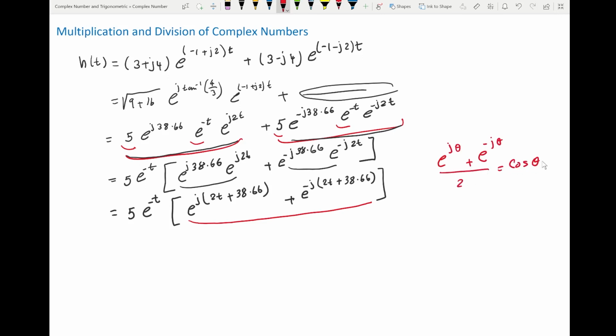So you can think of everything here as theta and here minus theta. So I need 2 in the denominator. So I'm going to divide this term by 2 and multiply here 2. So then this will be 2 times 5 is 10, e^(-t), and here I will have 2.